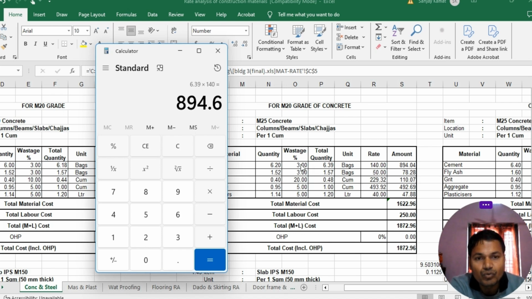But here is the wastage also. We have to do the minus of this.